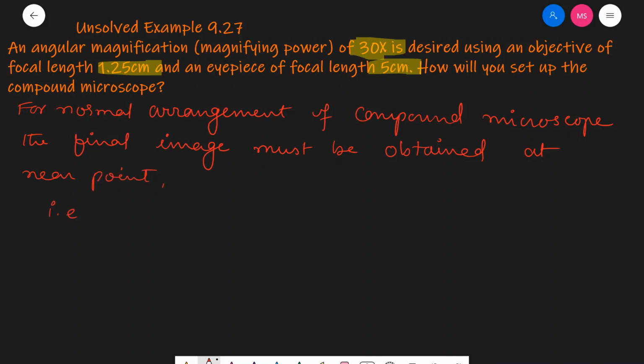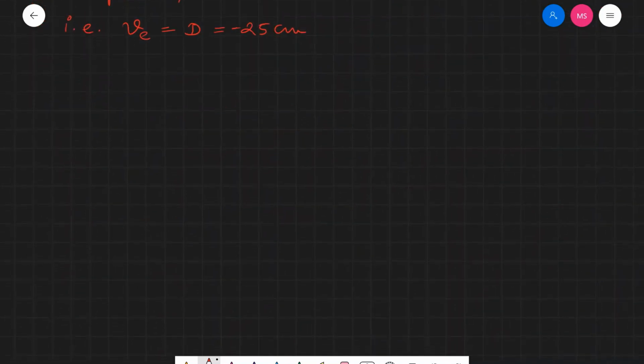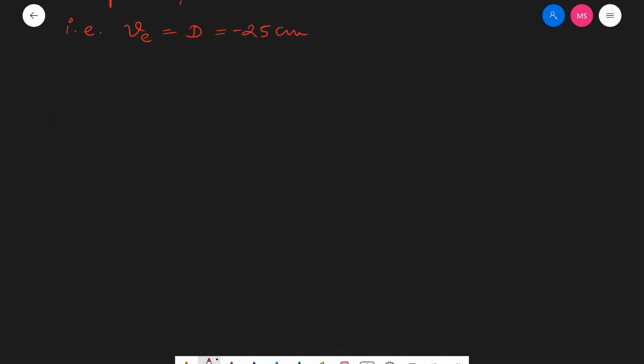That is, we can say that VE must be equal to minus D, that is equal to minus 25 centimeter. Negative, because final image is always on the left hand side, virtual image. Also, focal length of objective is given as 1.25 centimeter and focal length of eyepiece is given as 5 centimeter.